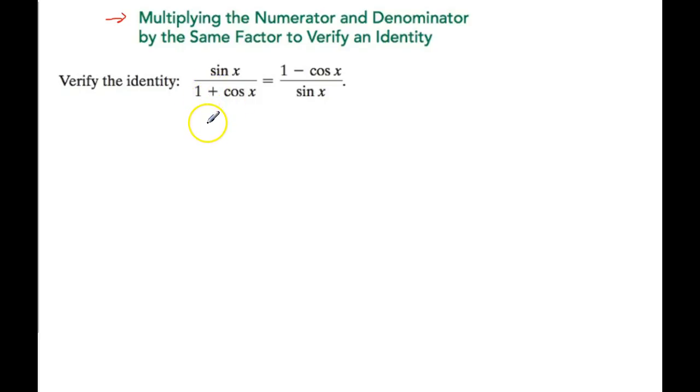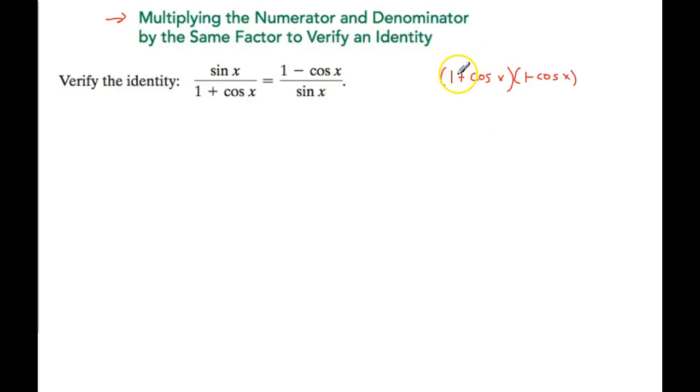Now you may be thinking, why would I do that? Well, the reciprocal of 1 plus cosine is 1 minus cosine. And you remember that would look like a difference of squares. 1 plus cosine, 1 minus cosine. And what happens when you multiply a difference of squares?